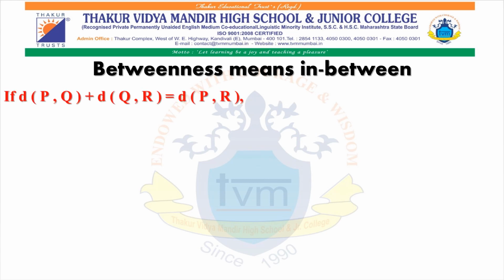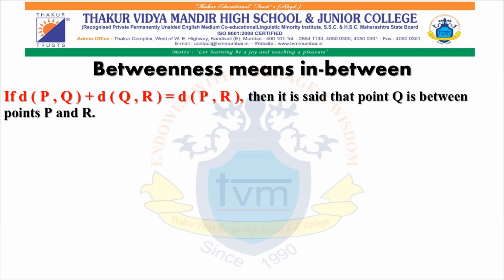If distance PQ plus distance QR is equal to distance PR, then it is said that point Q is between points P and R. This is shown as P-Q-R, or R-Q-P.